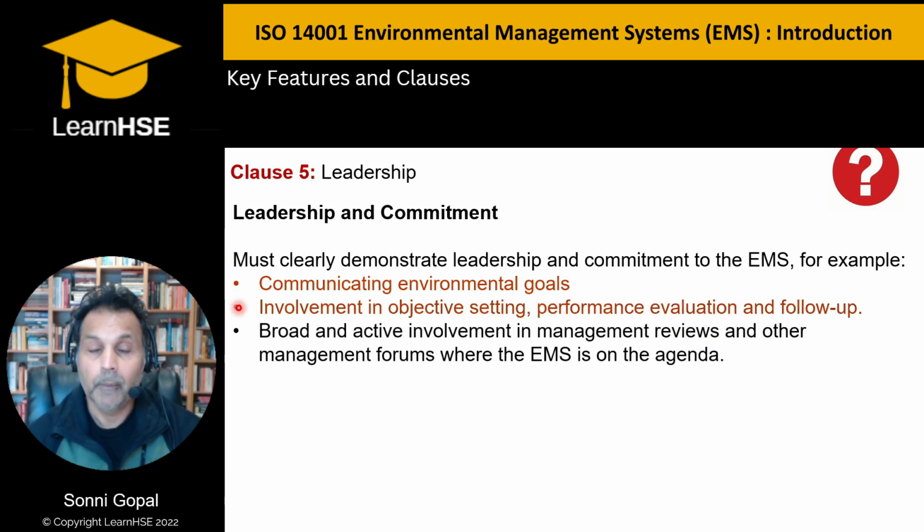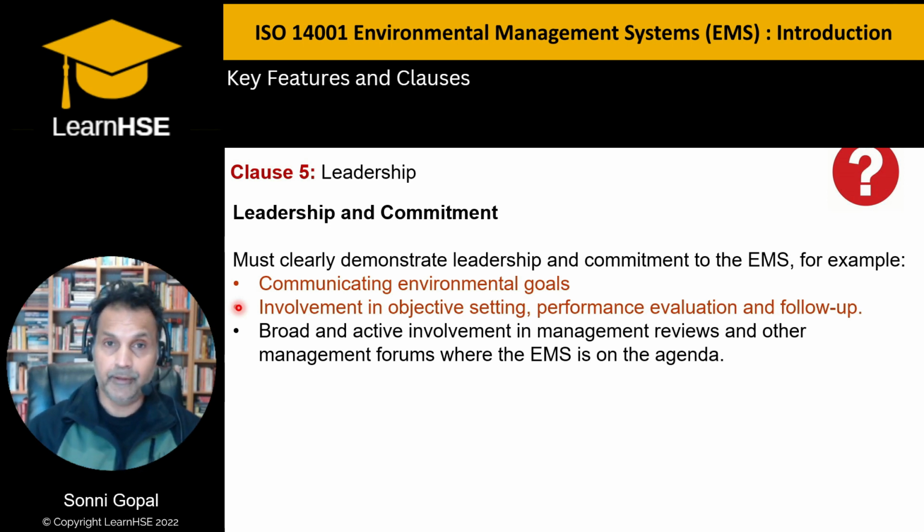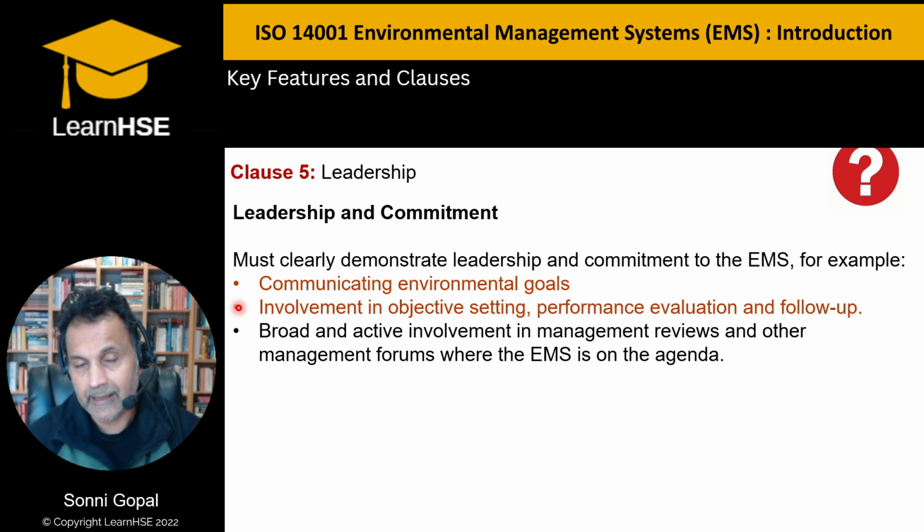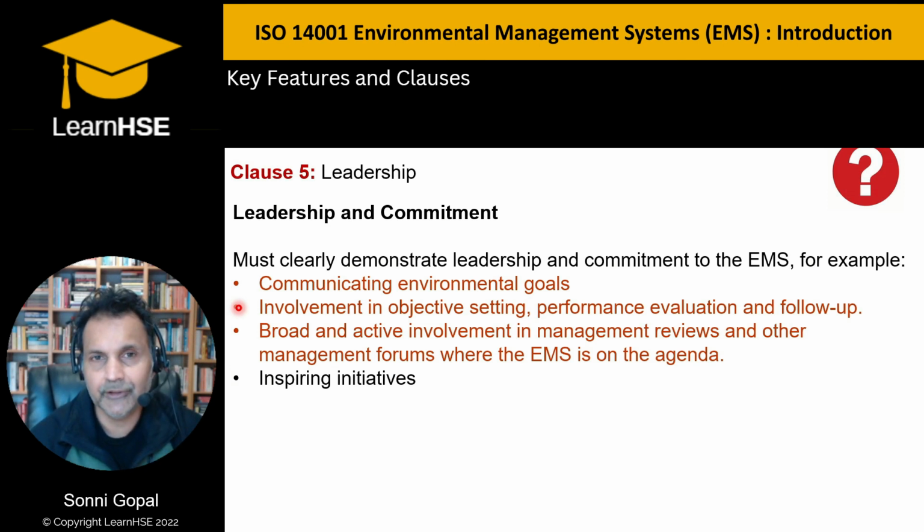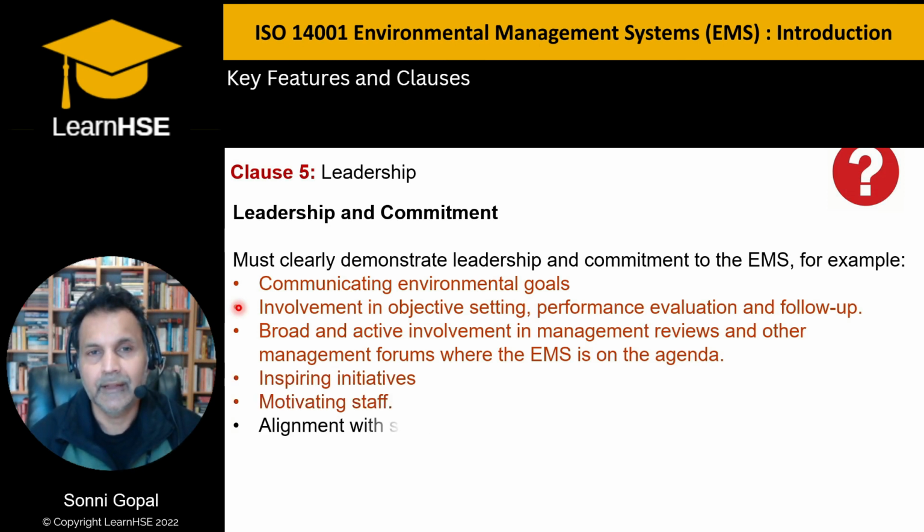There could also be broad and active involvement in management reviews and other management forums where the EMS is on the agenda. We can also show leadership and commitment by inspiring initiatives, motivating staff, and alignment with strategy. So those are some key things when it comes to leadership and commitment in Subclause 5.1.